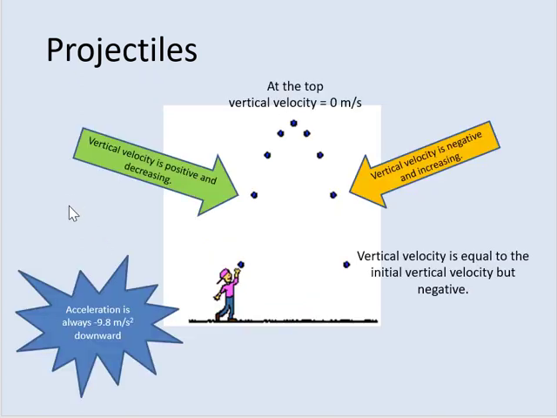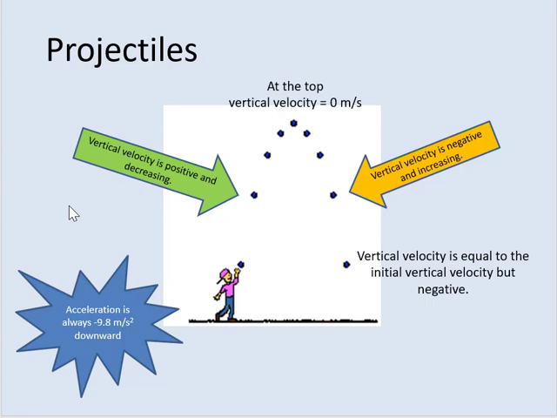So when you think about the projectile, you think about that arced motion or the parabola. Acceleration due to gravity is always acting on that. And once that ball or whatever it is you're launching leaves your hand, the only force acting on it is gravity. So if you imagine throwing the ball upward with a little bit of an arc, the vertical velocity is positive because it's going up, and it is getting slower and slower until it reaches the top.